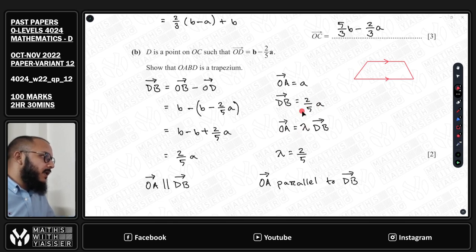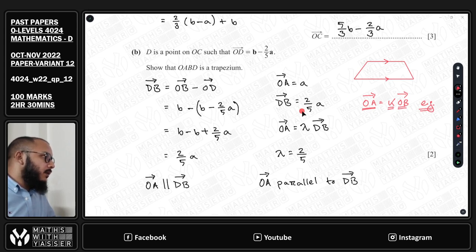So if you have an equation like, let's say, OA equals k times OB, something like that. This is just an example. This itself means that these two lines are parallel and they're connected by this constant.